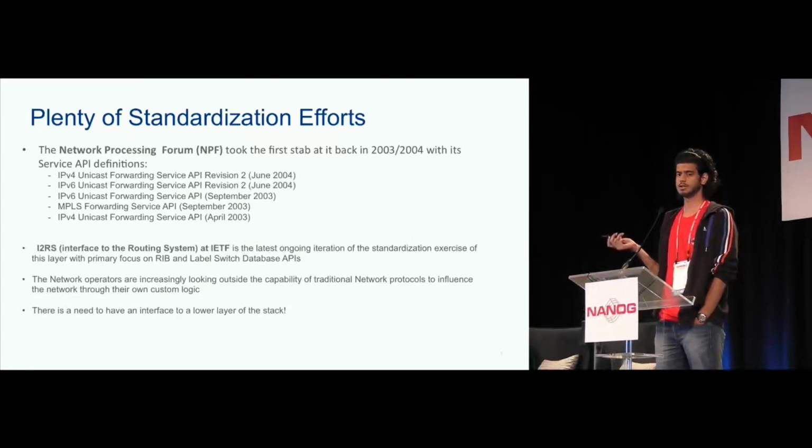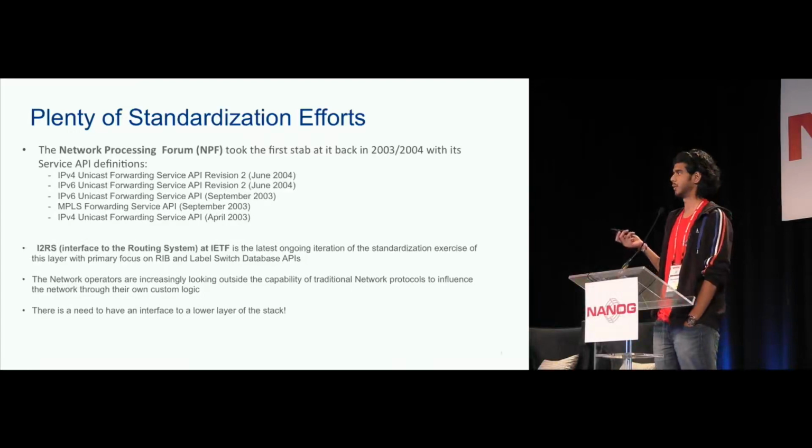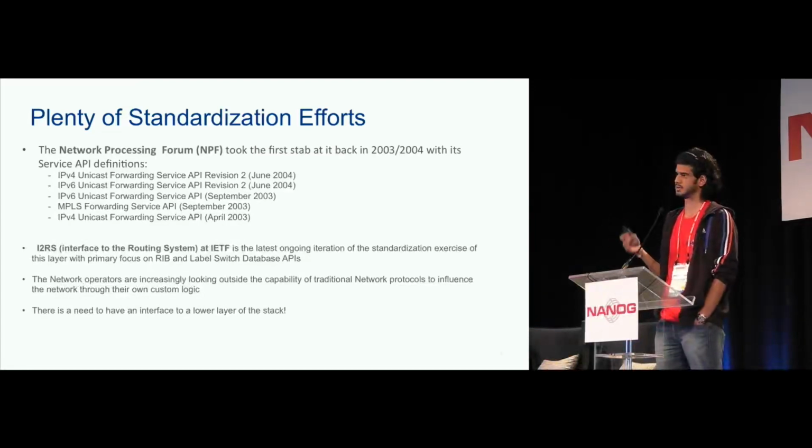In addition to that, I2RS is probably the current ongoing standardization effort around this space. We have a lot of focus primarily on the RIB and the label switch database APIs. I think less so on the kind of transport that ought to be used for that to be actually useful, specifically for controllers or your own protocols that you might want to run on your devices.